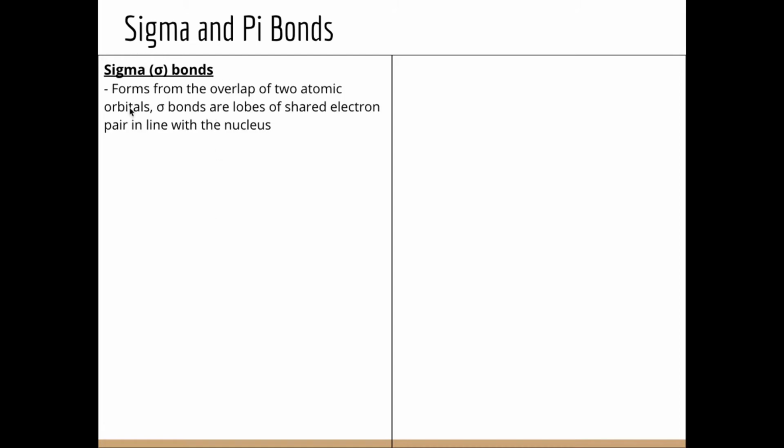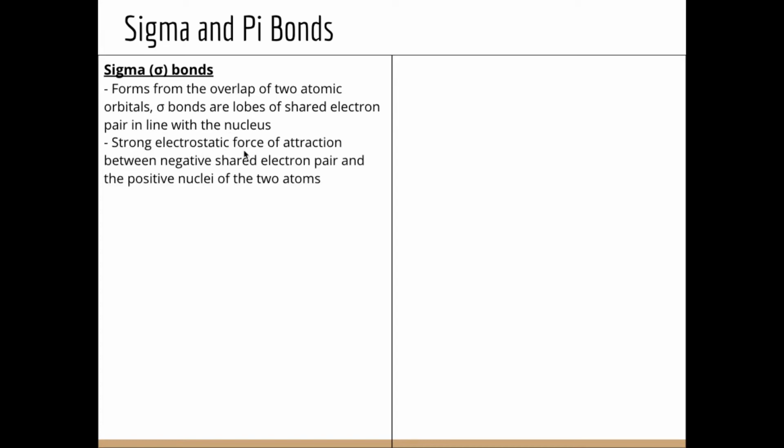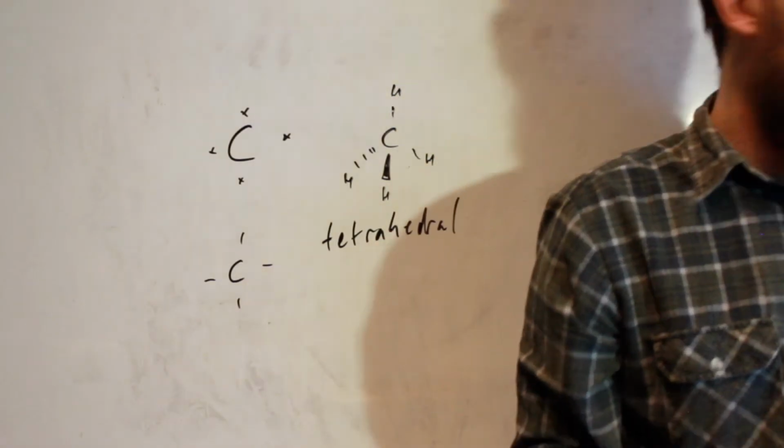So sigma bonds form from the overlap of two atomic orbitals. Sigma bonds are lobes of shared electron pair in line with the nucleus. This is a strong electrostatic force of attraction between negative shared electron pairs and the positive nuclei of the two atoms. So our sigma bonds are our single bonds.